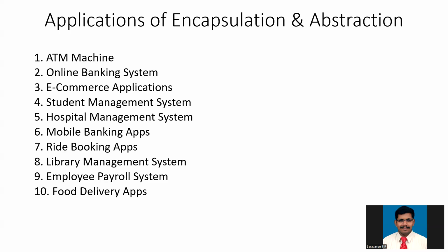Next, ride booking apps, Ola, Uber. Here, driver information, from where, what are their address details, how many trips they have taken, and trip data, everything will be stored securely. Only the driver can access it, but users can simply book the rides and track their respective ride alone.